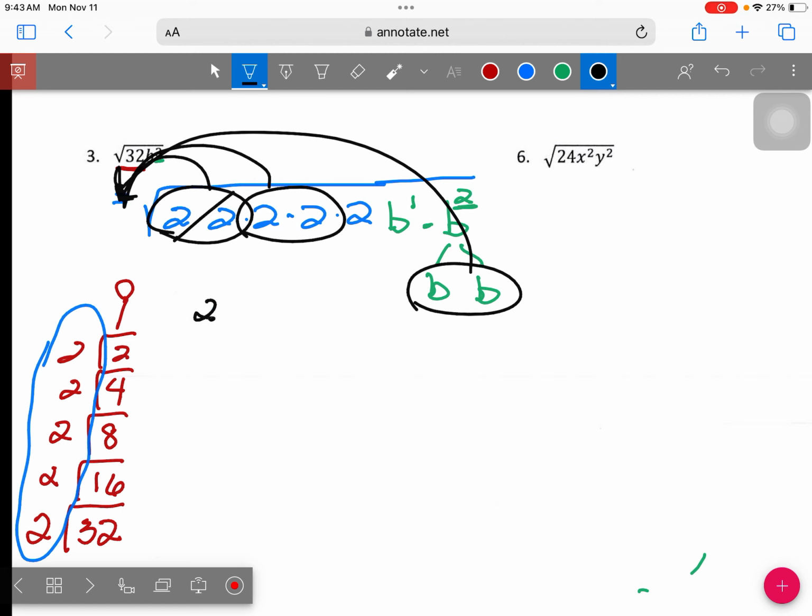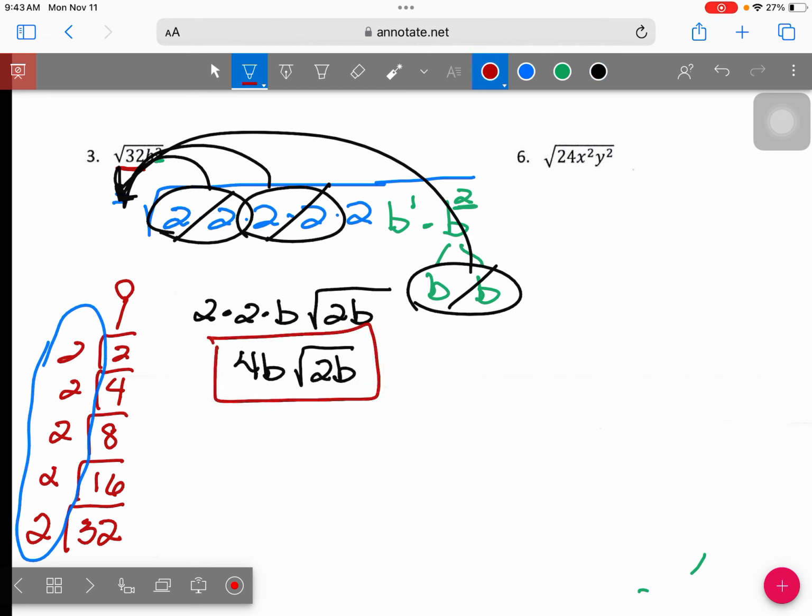So that's a 2 times 2 times your b in front of the radical sign. Inside you have 2b, and simplifying it is 4b times the square root of 2b. And there you go. Okay?